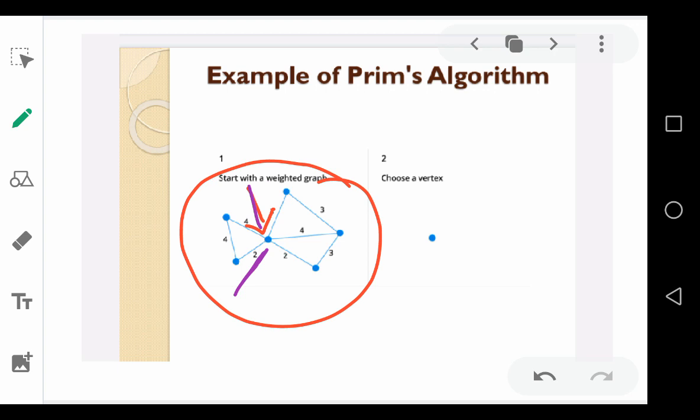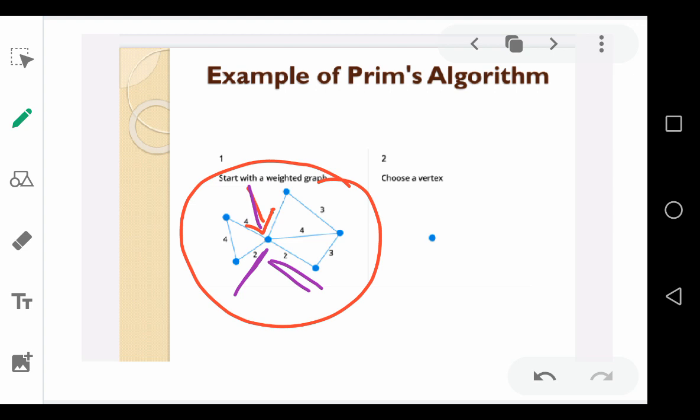Here the minimum weight is 2. After that, the next minimum weight edge I chose is also 2. Here the minimum weight edge 2 is over.